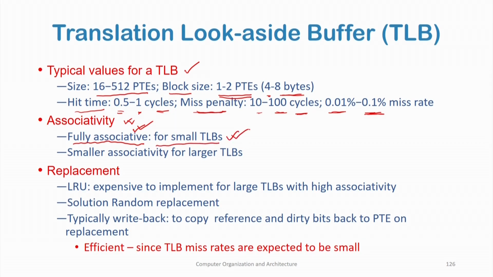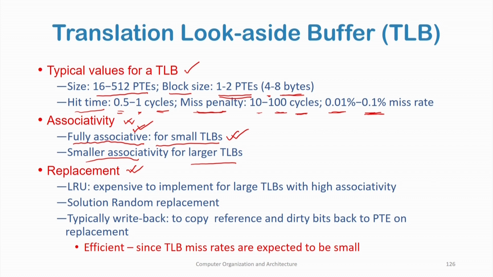However, when the sizes of TLBs grow, and nowadays we have larger TLBs, smaller associativities are preferred. Now, replacement strategies: how do we replace TLB entries when there is a miss in the TLB? I need to replace.